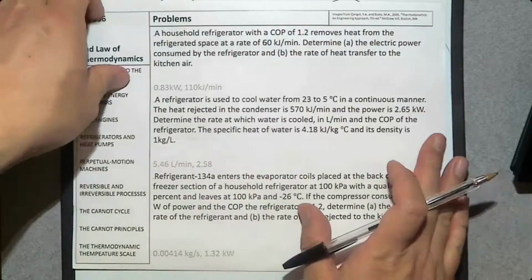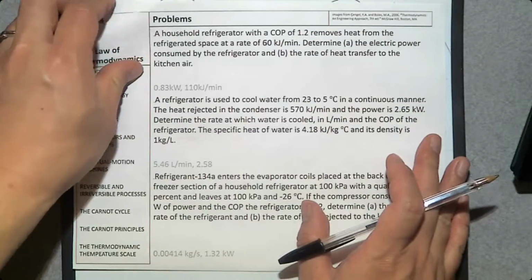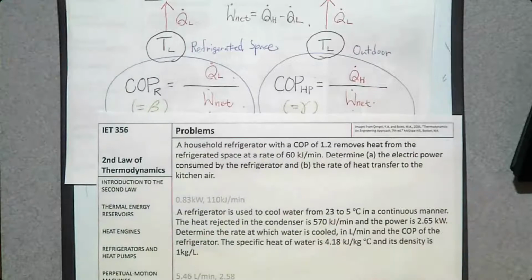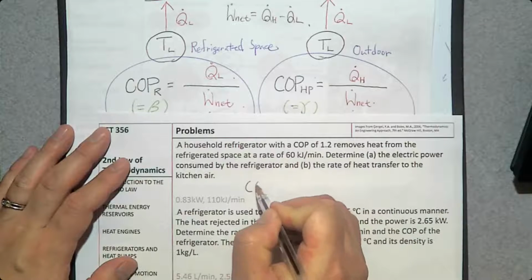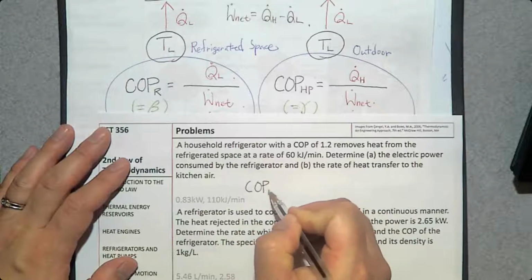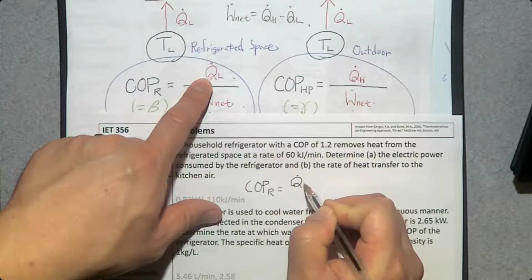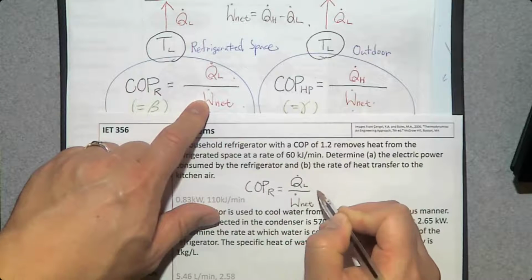How do we analyze the household refrigerator? Here is the equation, COP of refrigerator. COP of refrigerator can be determined by Q dot F over W dot net, but that's not it.